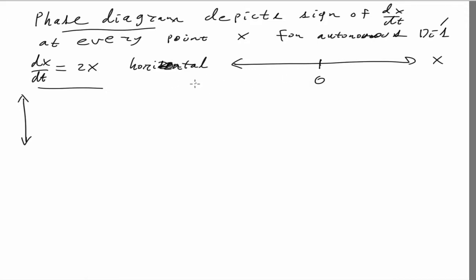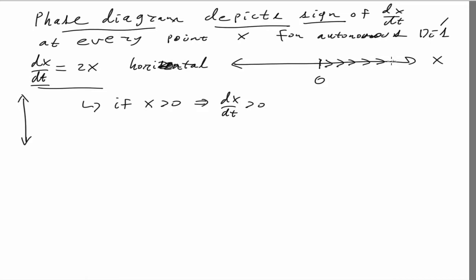Now we just have to indicate the sign. We can see immediately that if x is positive, then dx/dt is also positive. What we do to depict the sign is put an arrow going in the right-hand direction for all values of x that are positive.